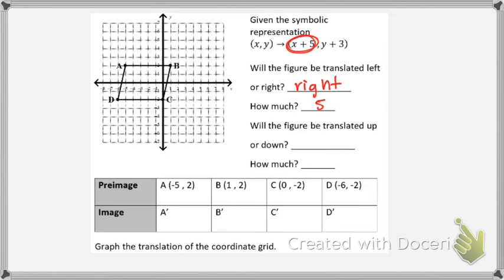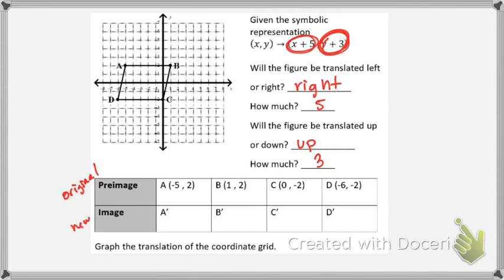It says, will the figure be translated up or down? So now y plus 3, we're adding, so we're going up. And how much? 3. Okay, so I'm just going to look at our points here. We have the pre-image, which is the original image, and then the image, which is the new one.